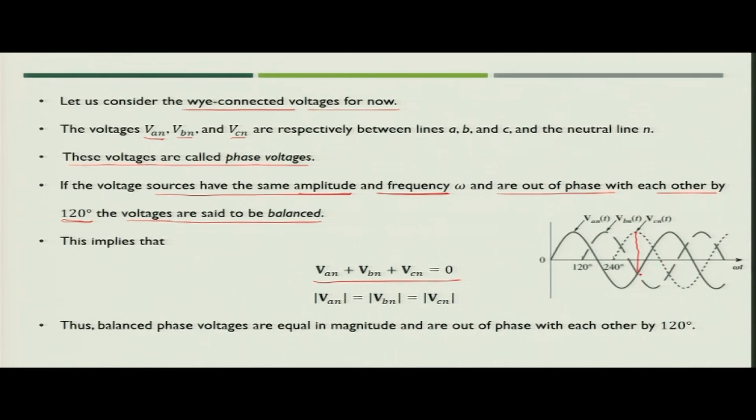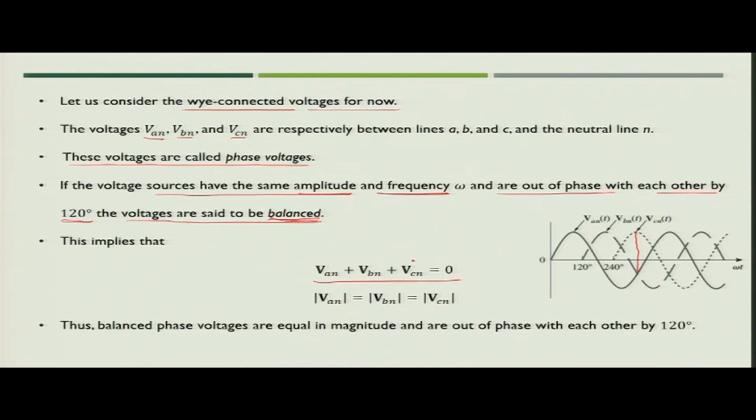So, at any point you will get VAN plus VBN plus VCN always equal to 0, and this is again the criteria for a balanced system. So, when the voltage source is balanced, you will get VAN plus VBN plus VCN equal to 0.